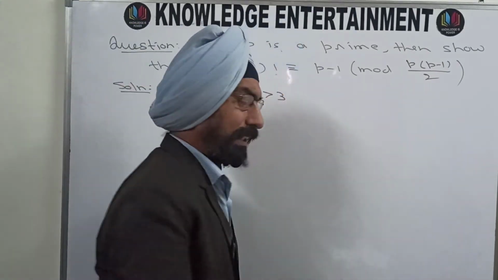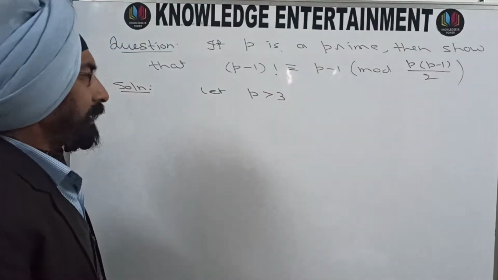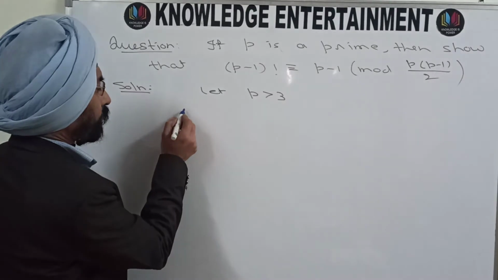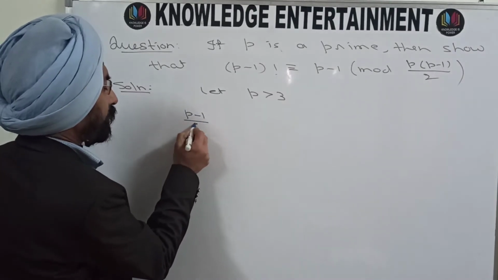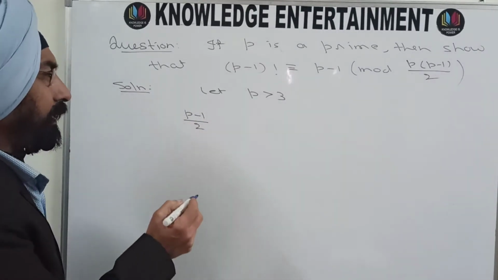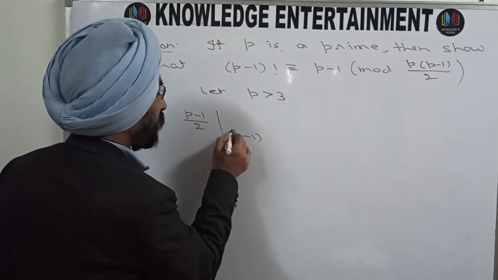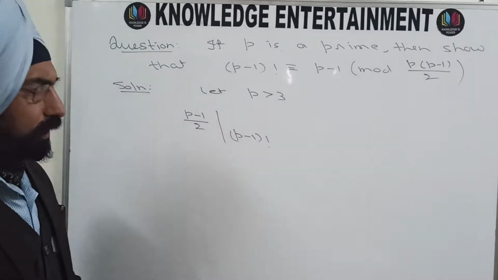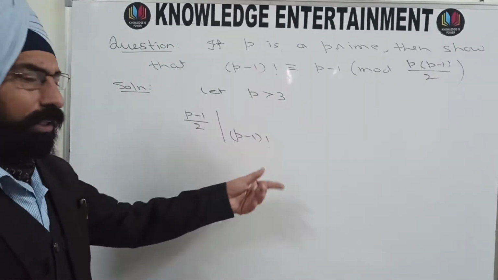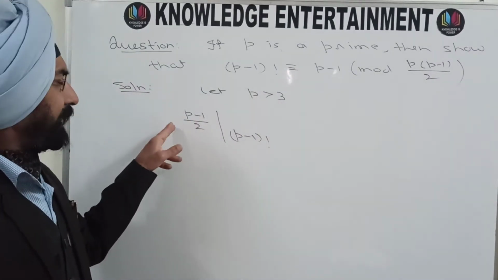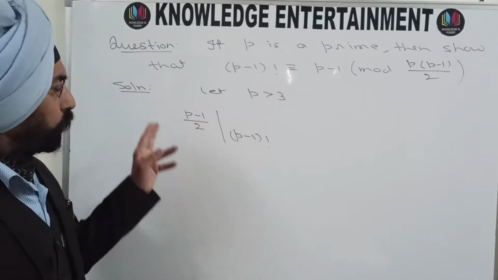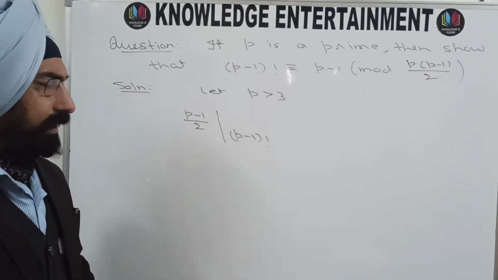So for this result, look once again: (P minus 1) by 2 divides (P minus 1) factorial, because when you expand this (P minus 1) factorial, there will be a particular factor (P minus 1) by 2. So (P minus 1) by 2 divides this.